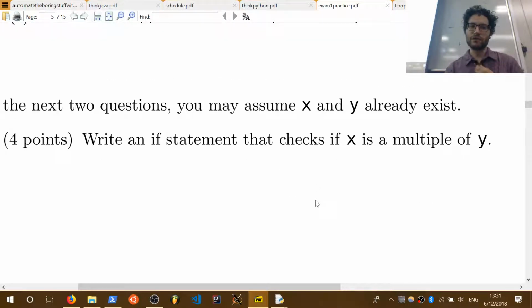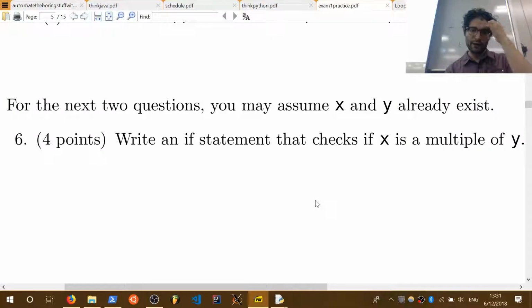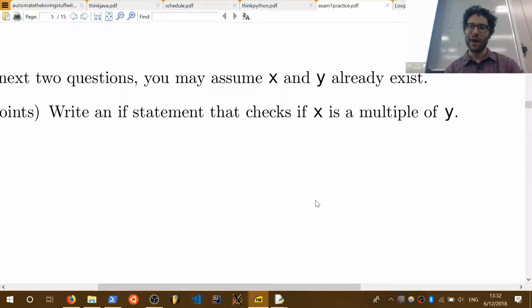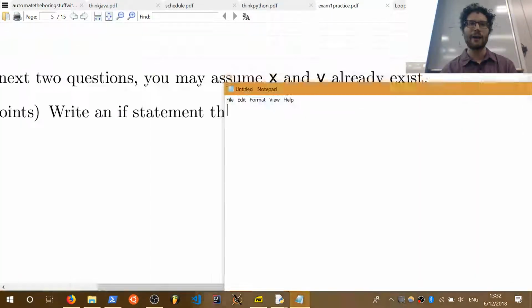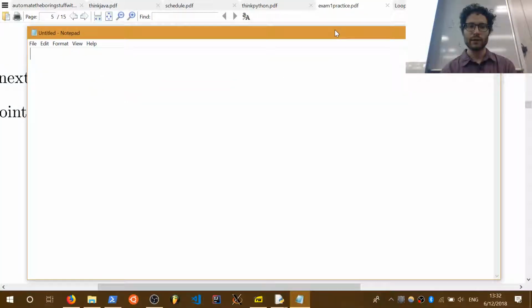All right, so for these questions, you may assume that x and y already exist. Write an if statement that checks if x is a multiple of y. What does it mean to be a multiple of a number? Evenly divisible. So let's write an if statement that means that it's evenly divisible. I'll use Notepad to simulate that, since we don't really have an IDE.